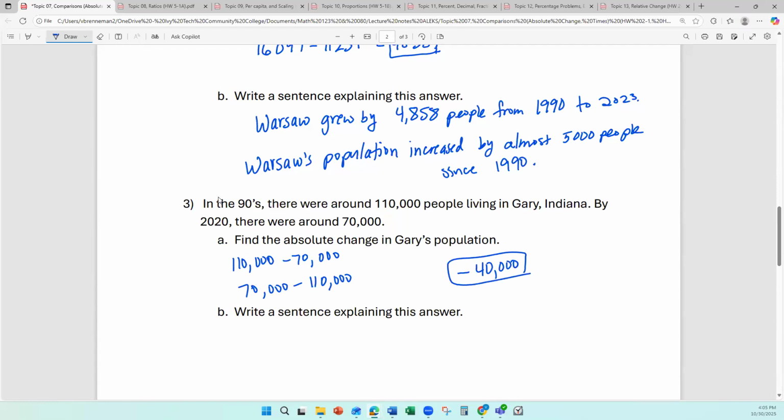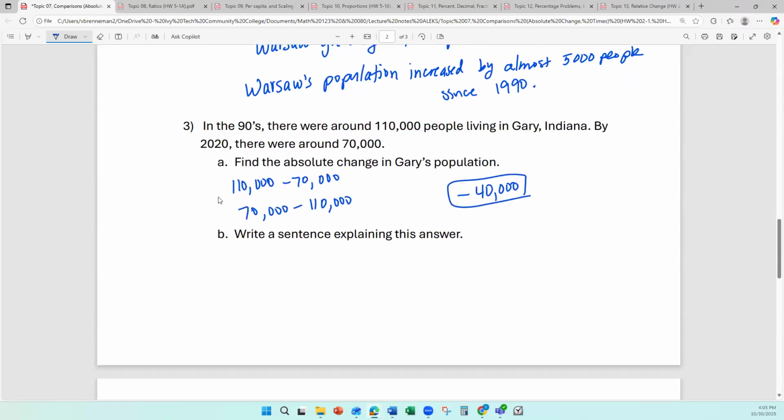When you're putting it into a sentence, you don't use the negative sign. You use a word to indicate that. So Gary lost 40,000 people in 30 years.